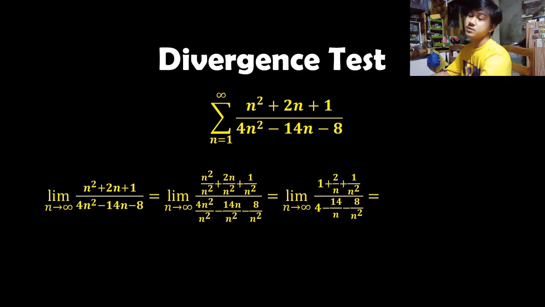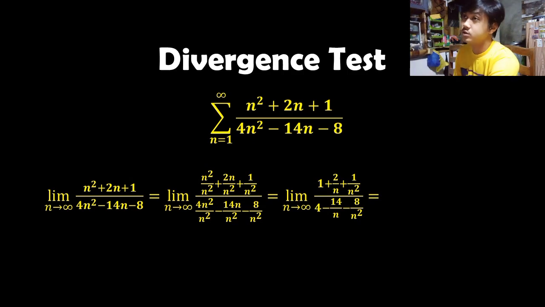If we substitute infinity for n in 2 over n, the result is 0, since if the denominator is bigger, the value approaches 0.